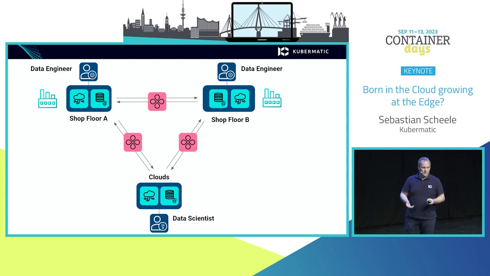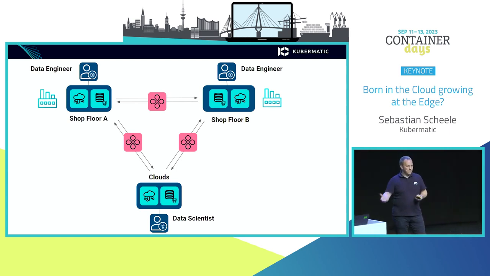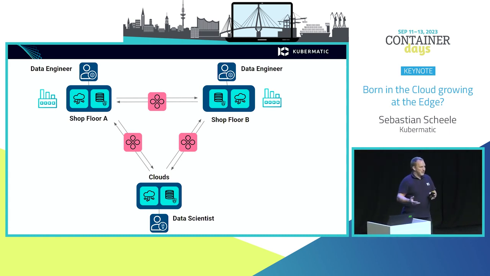But now with generative AI and other movements in the AI world, even more capabilities are coming up. You can potentially train your models in the cloud, but executing your models, you need to do on the shop floor or in the factory.